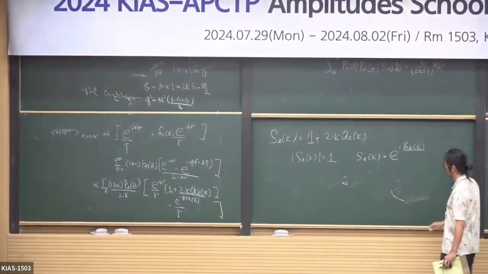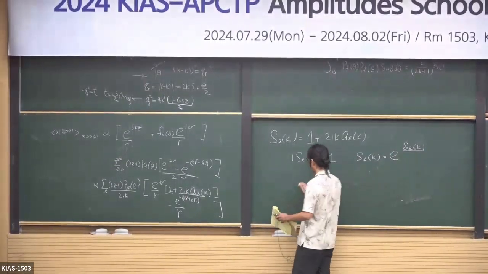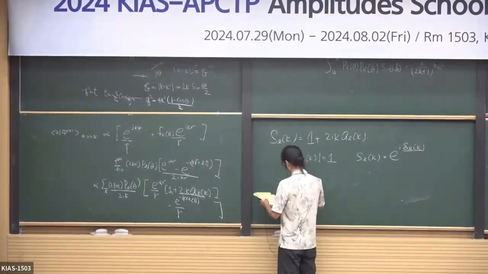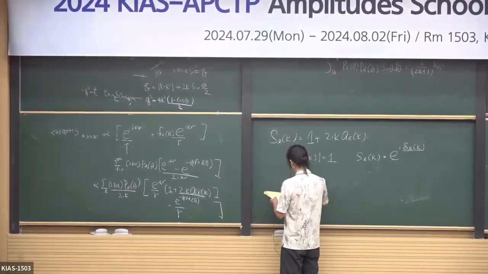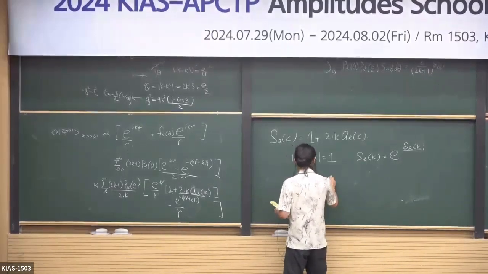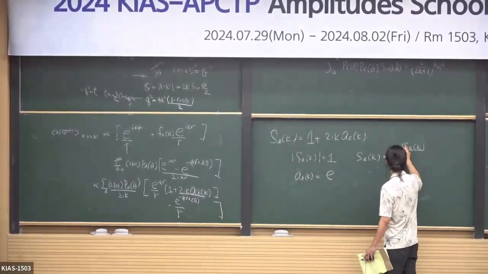Okay? So the scattering amplitude again, or the partial waves a_L. Usually we have a factor of 2. This is for convention.